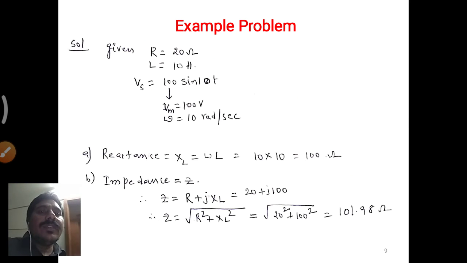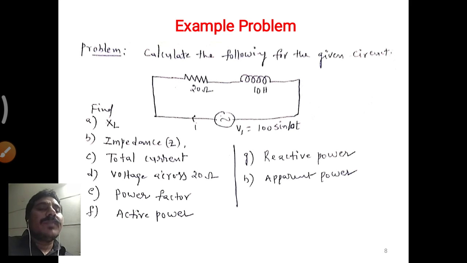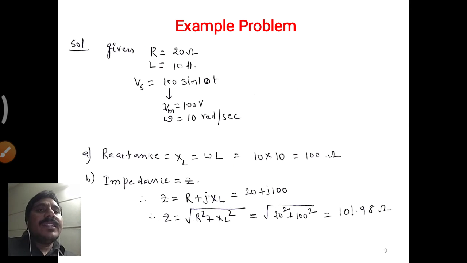Now coming to the solution part. Given that R is equal to 20 ohms and L is equal to 10 Henry, and Vs is given as the supply voltage, 100 sin 10t. Here 100 is the Vm value, the peak value.